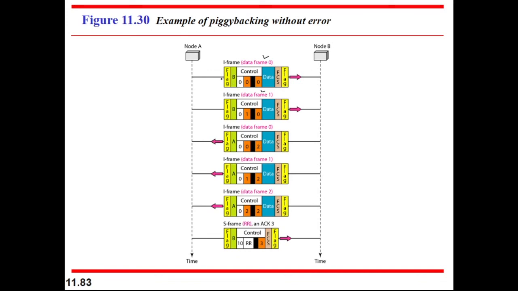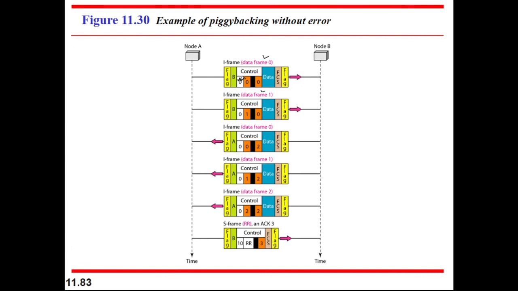Okay, so this is piggybacking. If this picture is asked in your exam, then this is the diagram of piggybacking. Here you send the sequence number, and from the receiver end an acknowledgement number can be sent.